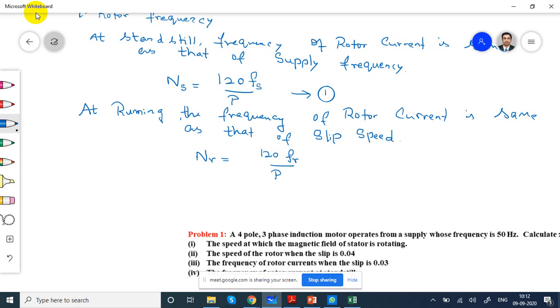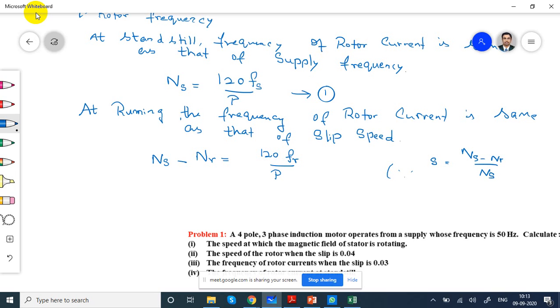Now here it will be a slip speed. Slip speed means Ns minus Nr. We know that slip s equal to Ns minus Nr by Ns.